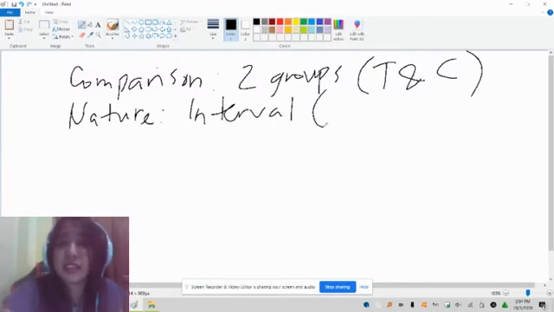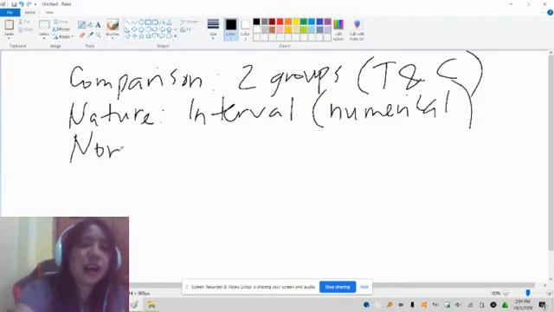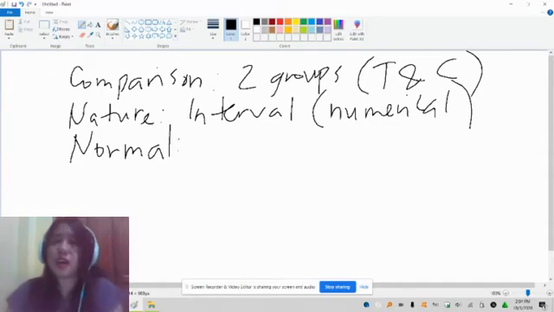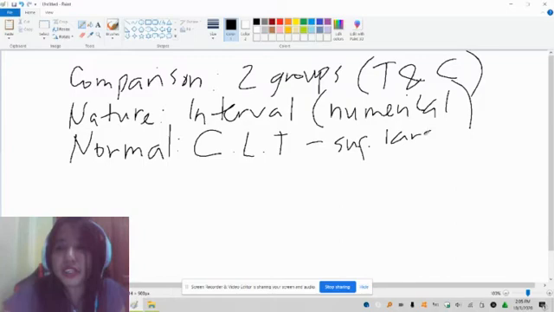So it means that it is numerical. Next, is the data normally distributed? Again, since we are using the same data, with a sample size of 60, 34 in each group, then by the central limit theorem, or CLT, our data is sufficiently large and equivalent.